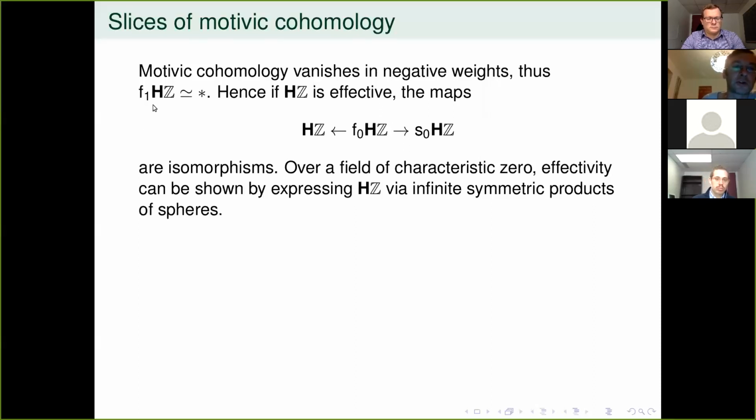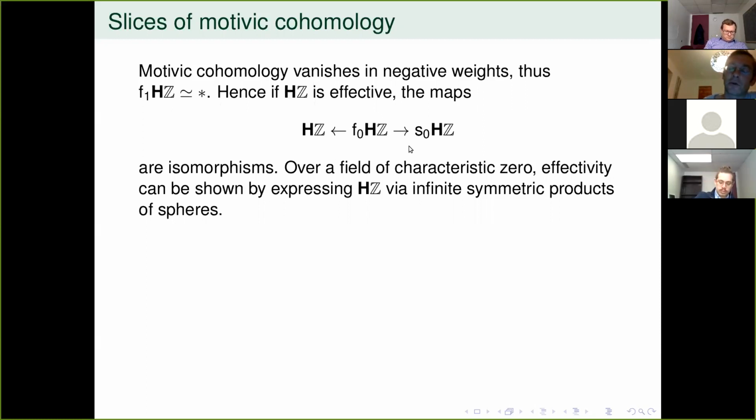So the first effective cover of the algebraic spectrum vanishes. And the more complicated statement is to show that motivic homology is actually an effective motivic spectrum. Once you have this, you get that both these two maps are isomorphisms.